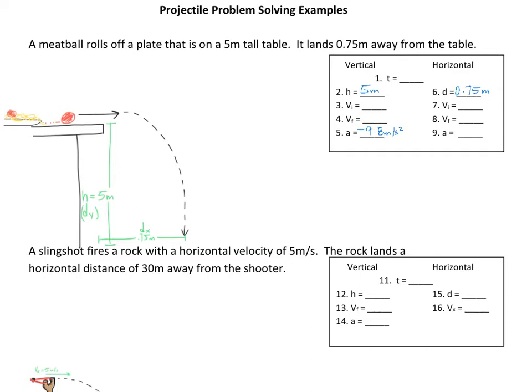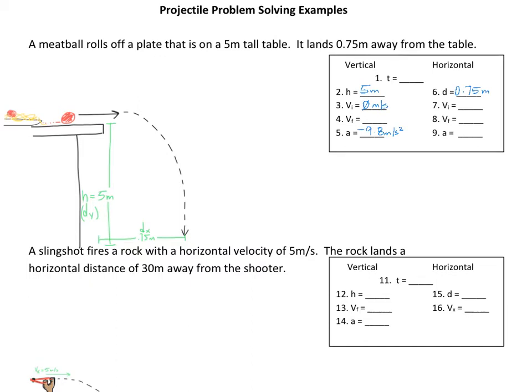Now, as that meatball is rolling off the table, it's rolling horizontally. So at the top of its path, it has no vertical velocity whatsoever. So its initial vertical velocity is going to be 0 because it's at the top of its path. It doesn't have any initial vertical velocity.